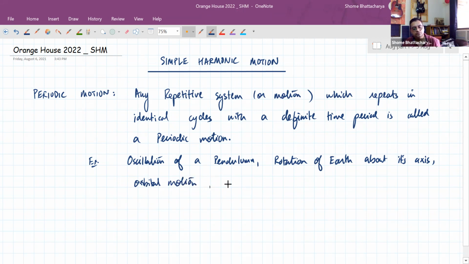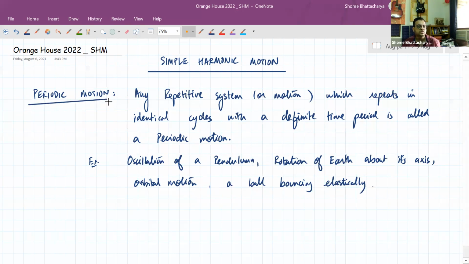Or you have the case of a ball bouncing elastically. These are all examples of periodic motion.